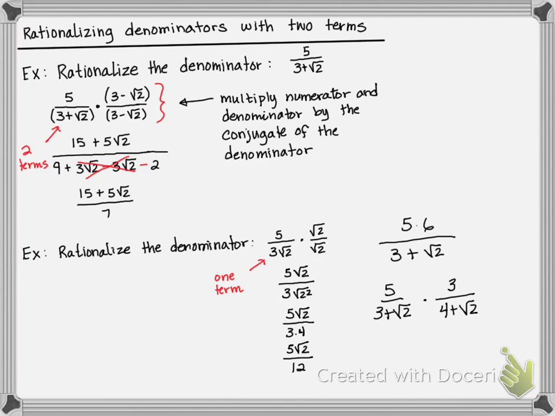Then you would have to do the conjugate for each separate one and then combine them, right? Well, I would probably multiply these first and then rationalize the denominator. Oh, okay. But this one up here isn't the problem. We were just rationalizing that denominator.